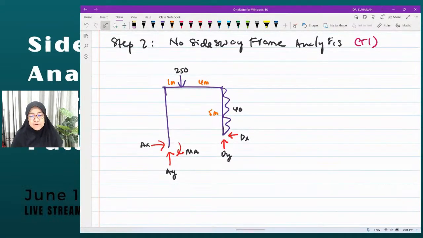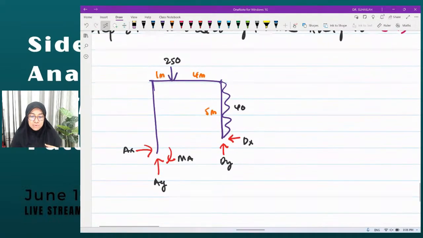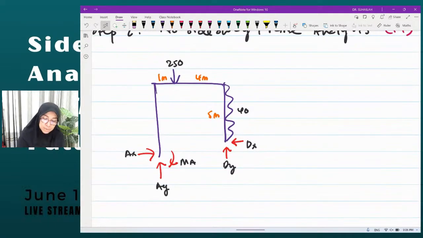So this is the frame that we are going to analyze. We get R here due to the pin support at B. There will be a restraining force.